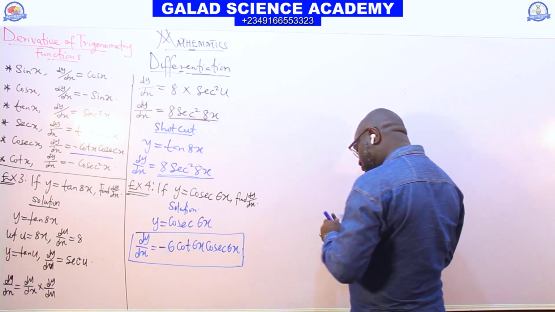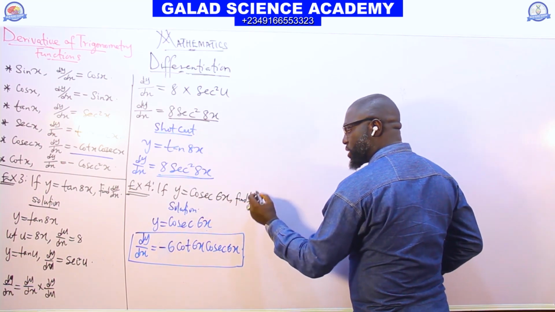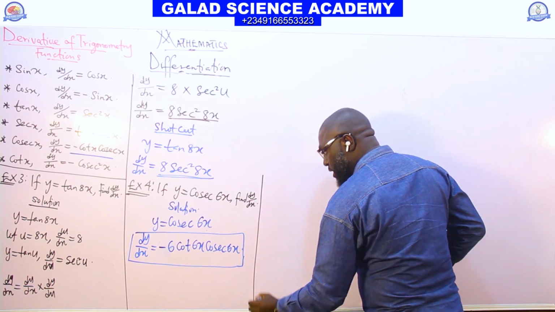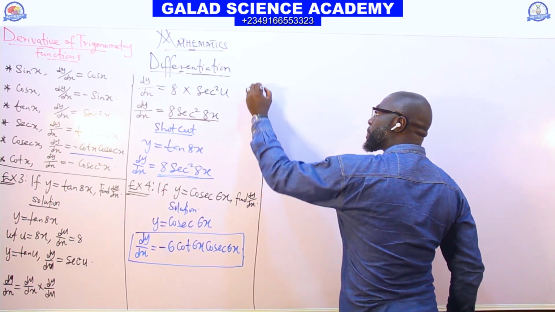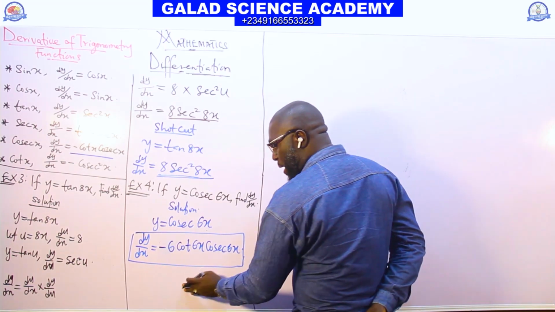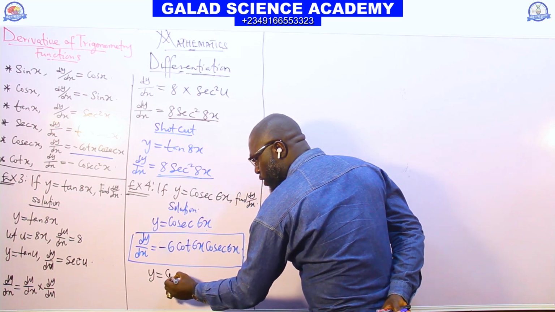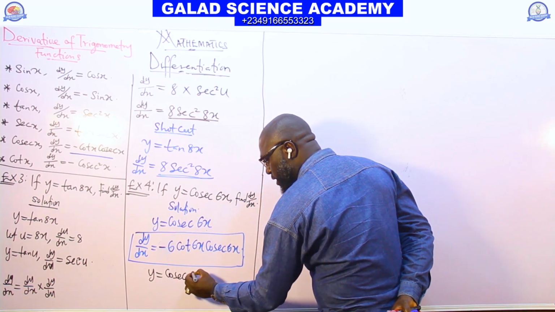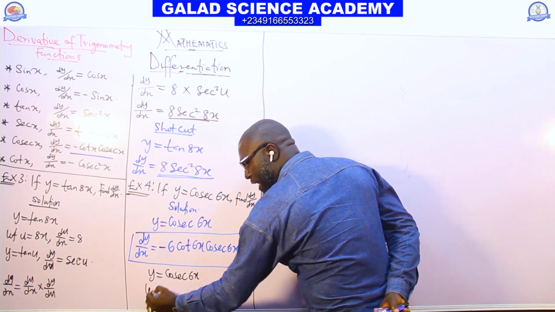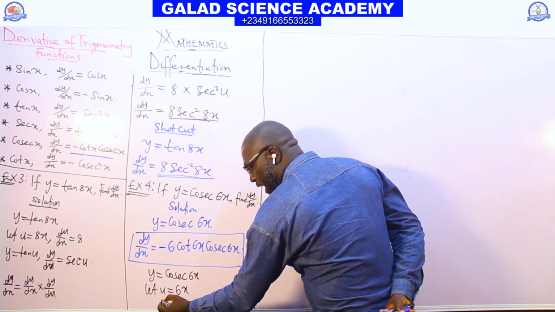But let us use the normal method to solve for cosec 6x. Say y equals cosec 6x. Let u equal 6x.